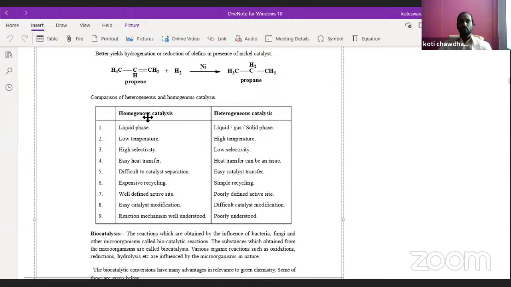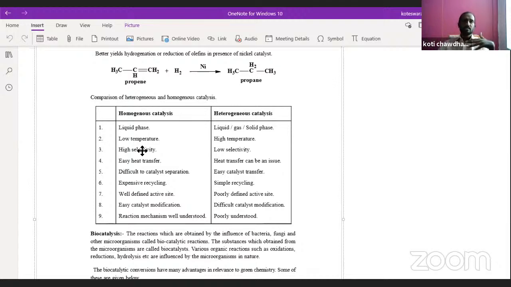Homogeneous catalysts are highly selective because all the substances are in the same medium. Therefore, the approach of the reactants and starting materials is very easy. But in the case of heterogeneous catalysis, the availability of the starting material with the catalyst decreases. Therefore, the transformation rate decreases.